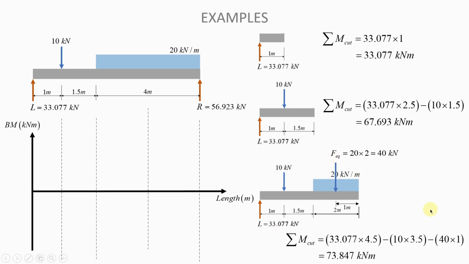It's only L that's got a clockwise moment. And so to find the sum of moments at the cut, you will then need to do that sum, and you will find that that is 73.847 kilonewton meters. Very important to understand how we did that.